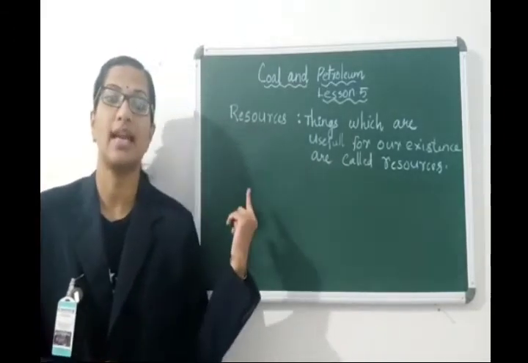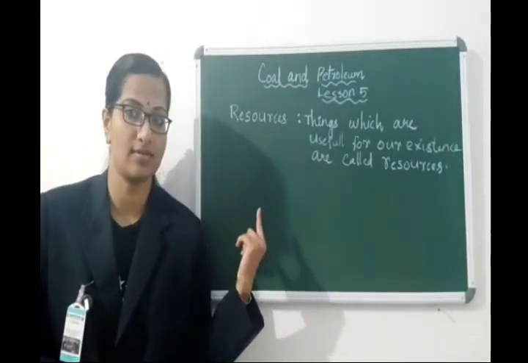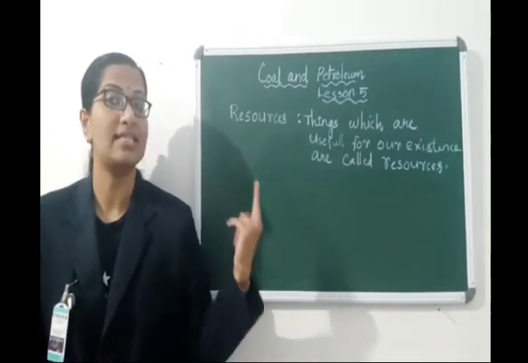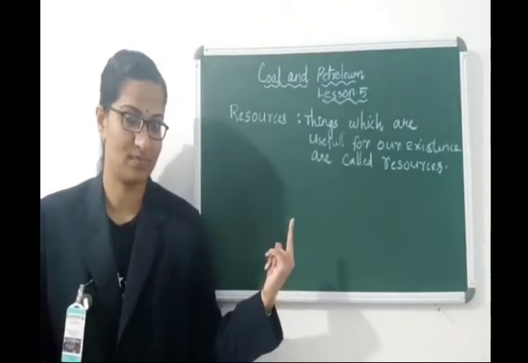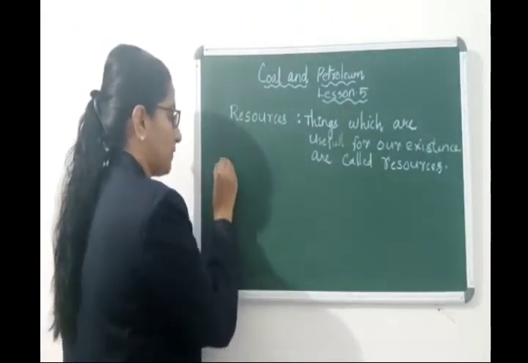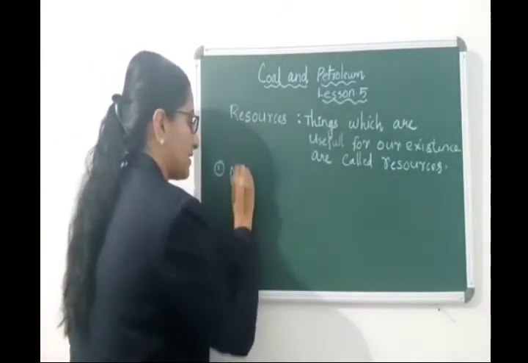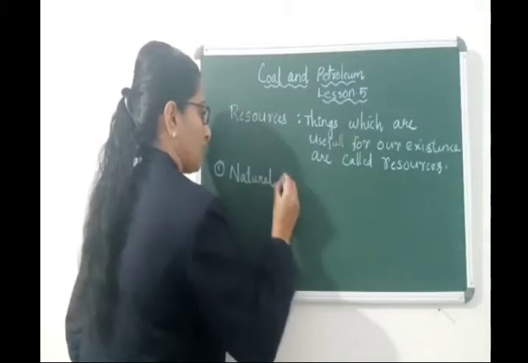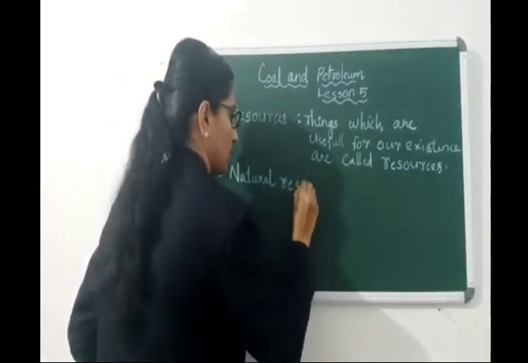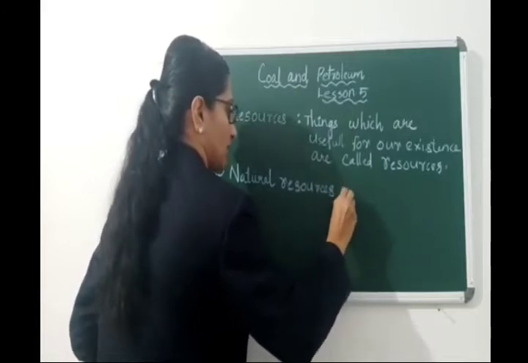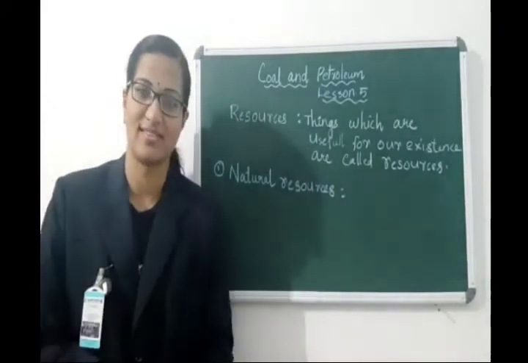Is there any classification for these resources? Yes, these resources can be classified into two. The first type is natural resources. Then what are natural resources?